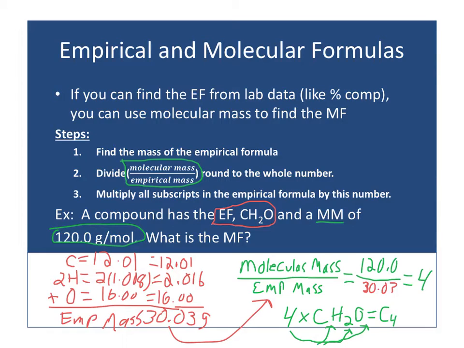The 2 on the hydrogen, 2 times 4 is 8, so I get H8. And the 1 on the oxygen times 4 is 4. So my molecular formula ends up being C4H8O4. And that is it. That is how this is done.